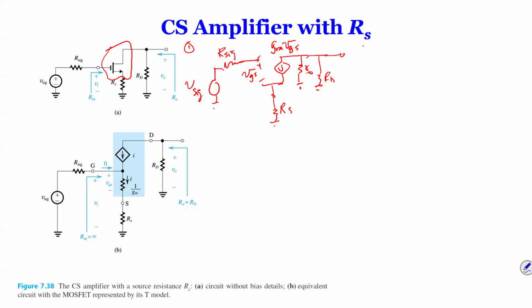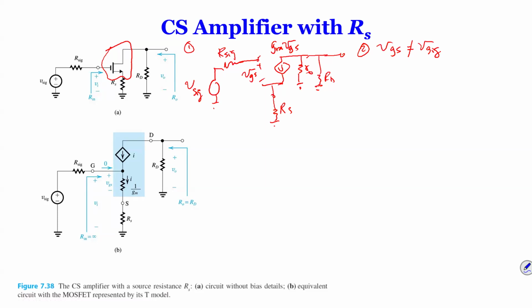So in this case, we know that your VGS is at least not equal to V sig, even though the RSIG is kind of open circuit.